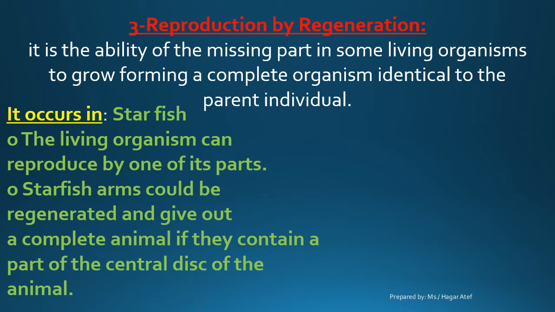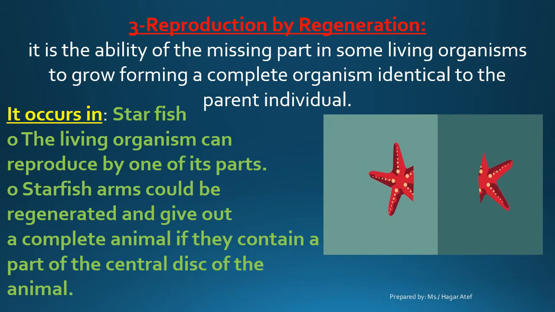Reproduction by regeneration. It is the ability of a missing part in some living organisms to grow, forming a complete organism identical to the parent individual. It occurs in starfish. The living organism can reproduce by one of its parts.